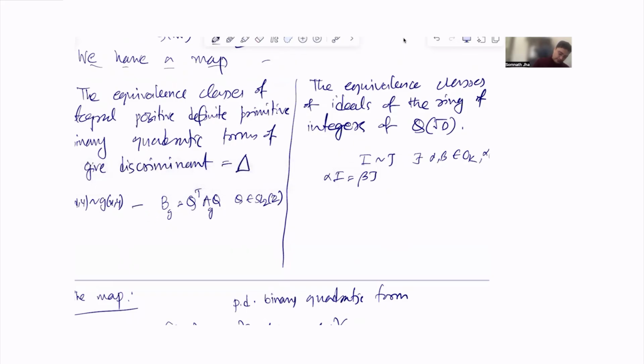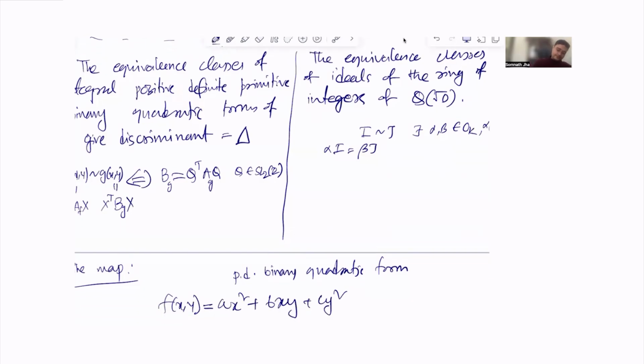So f(x,y) was equivalent to g(x,y) if and only if this happened, and here I was equivalent to J. This was xᵀ A x. Okay, so what is the map?